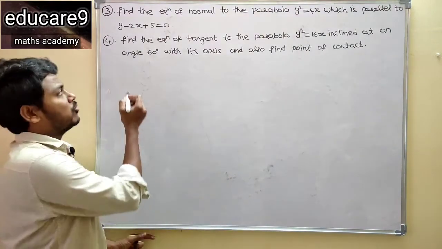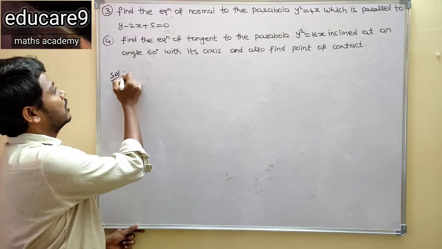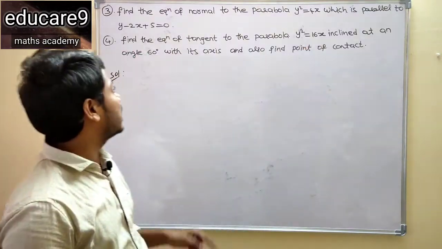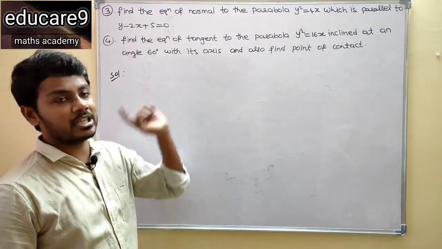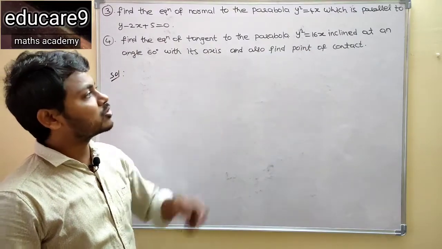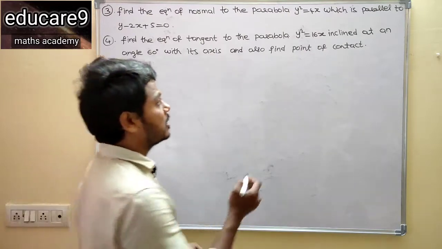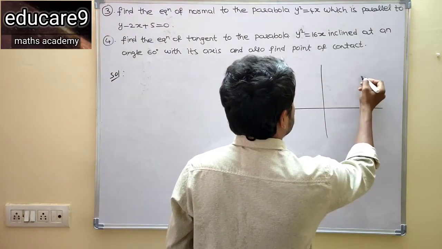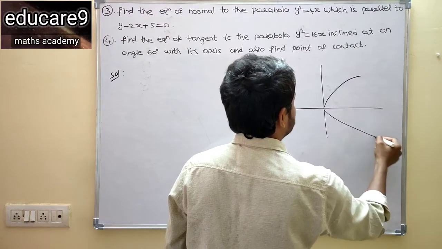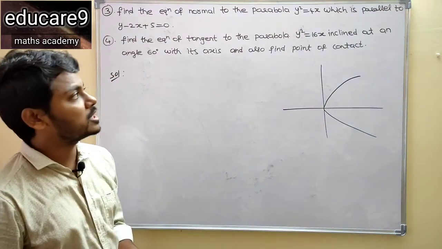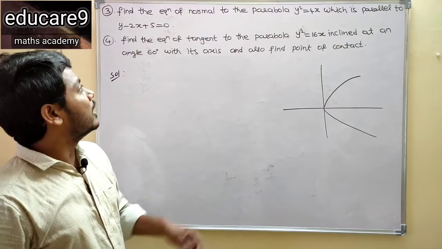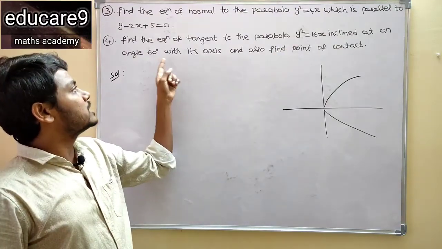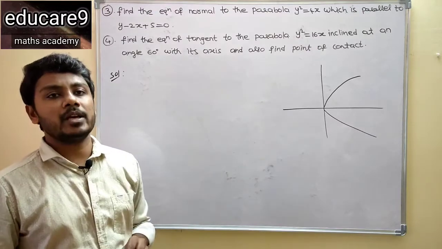So see the question number 4. Find the equation of the tangent to the parabola inclined at an angle 60 degrees with its axis, and also find the point of contact. See here, this is the given parabola y square equals 16x, and the tangent of this parabola makes an angle 60 degrees with the axis of the parabola.